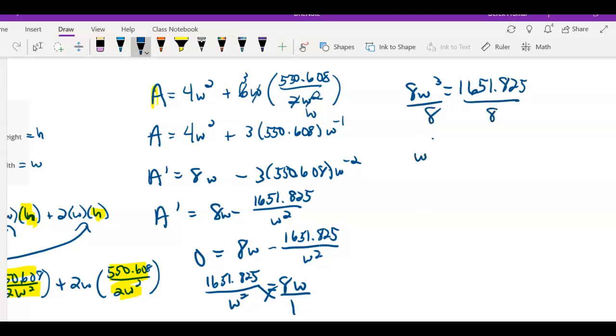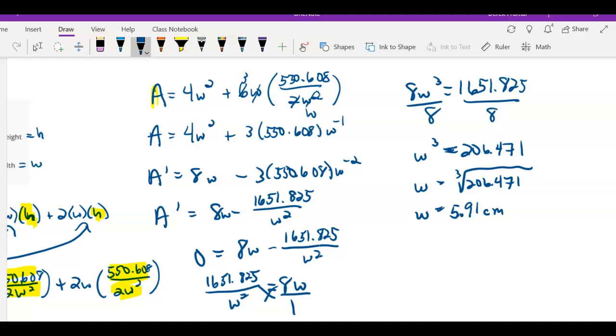Divide by 8. And then I'll take the cube root. And I get that the width is equal to 5.91 centimeters.